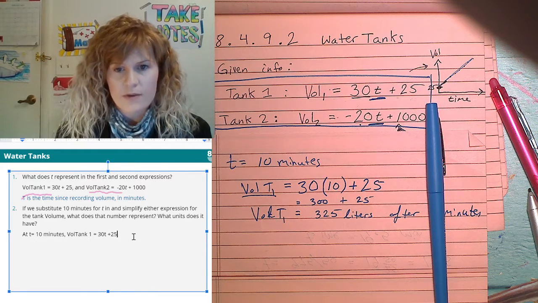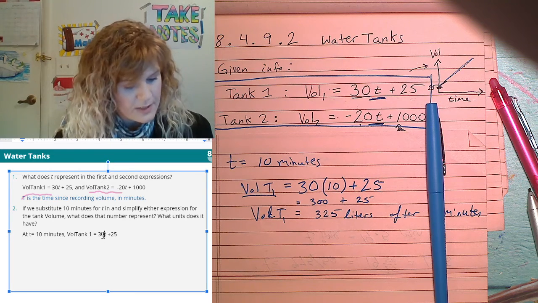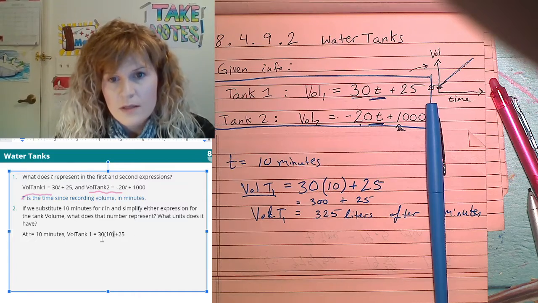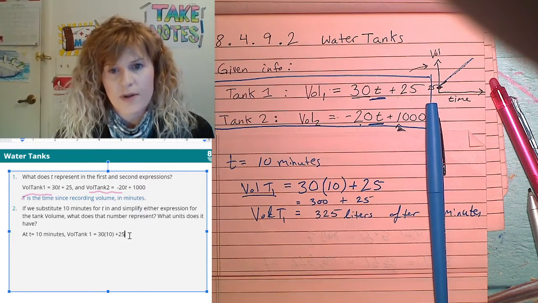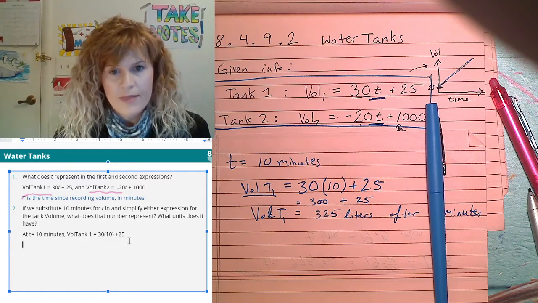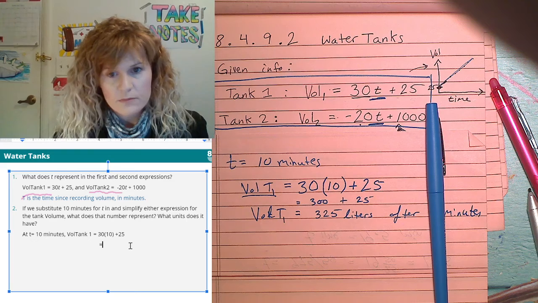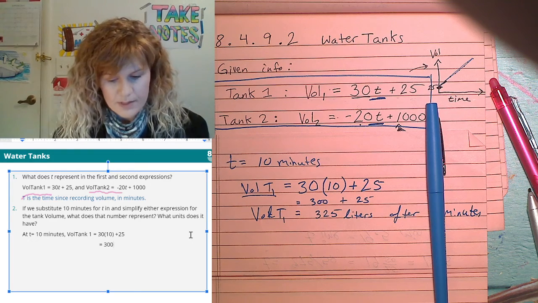And now let's solve that. Oh, I forgot to just go ahead and substitute in 10 minutes right here. There we go. That's better. 30 times 10 minutes plus 25. And that equals 300 plus 25.